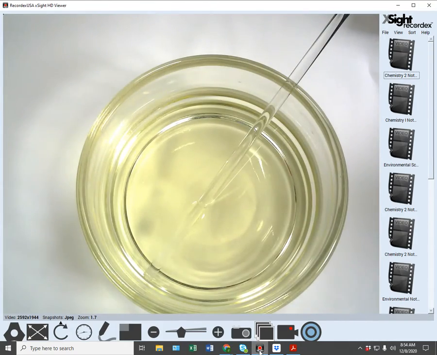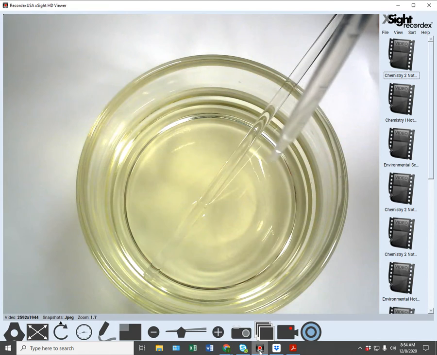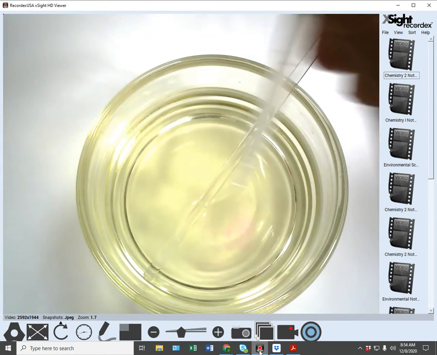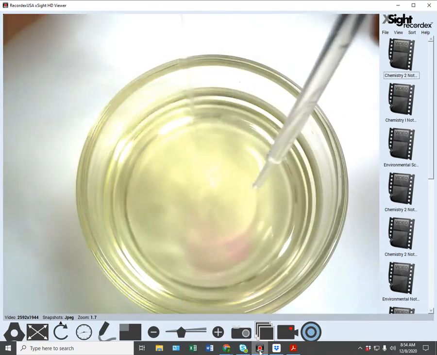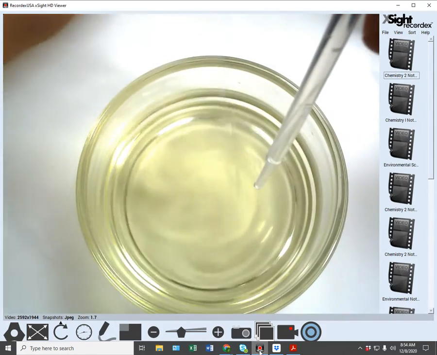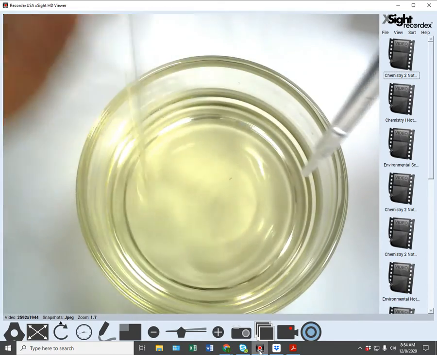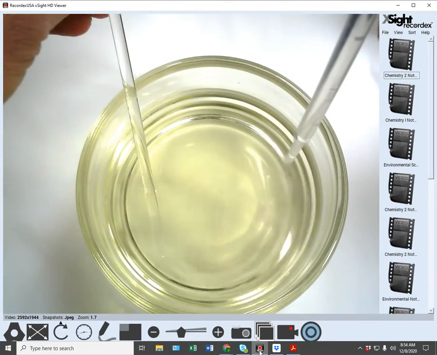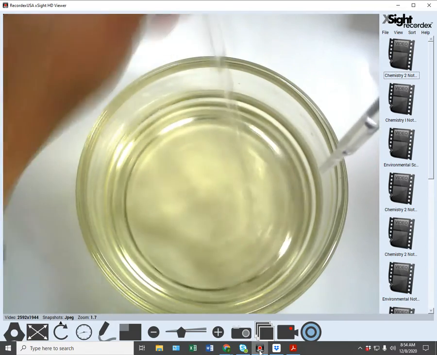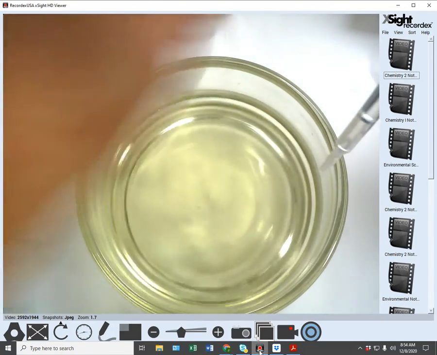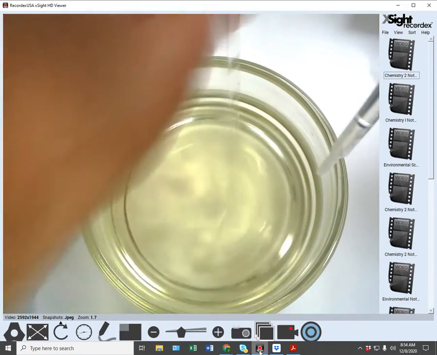And then by counting literally drops, you count 1, 2, 3, 4, 5, 6. Ooh, don't do it too fast. 7, 8. And what you're waiting for is it to turn. 9.